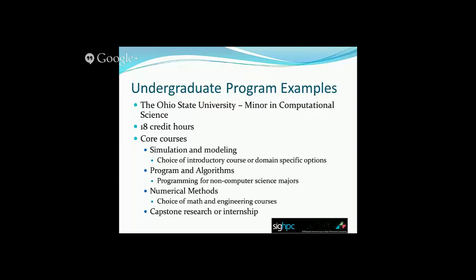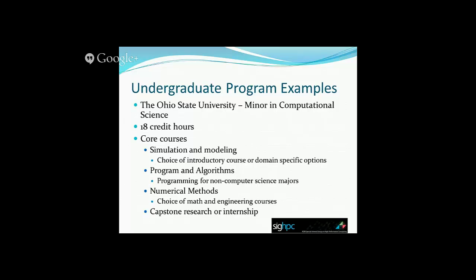So I thought it might be useful to present a few example programs, ones that I know of because I've worked with them in one way or another, so that I know a bit more about the details. But they are representative of different kinds of institutions. So Ohio State University, a large comprehensive research university, has a minor in computational science. They also have one in computational engineering.